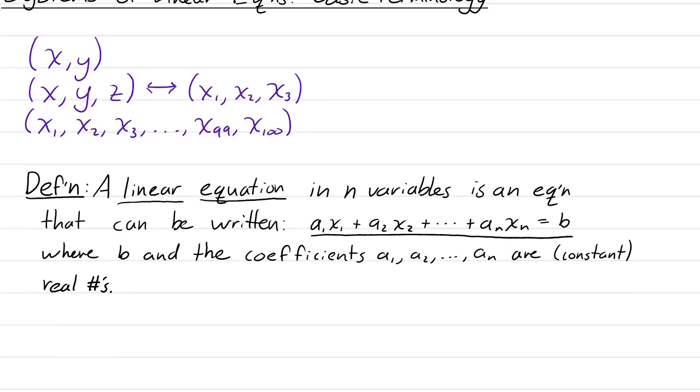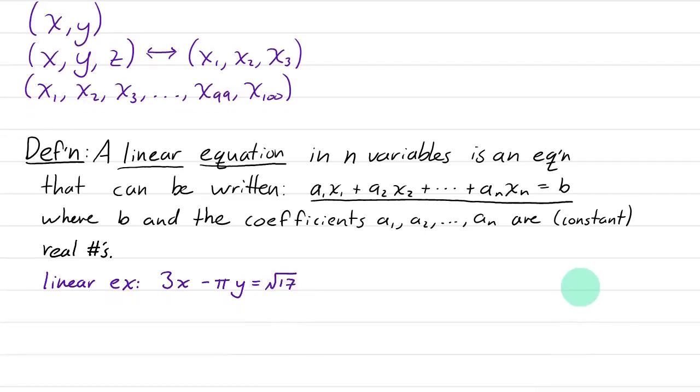Quick example of a linear equation would be something like 3x minus pi times y equals the square root of 17. That is linear.